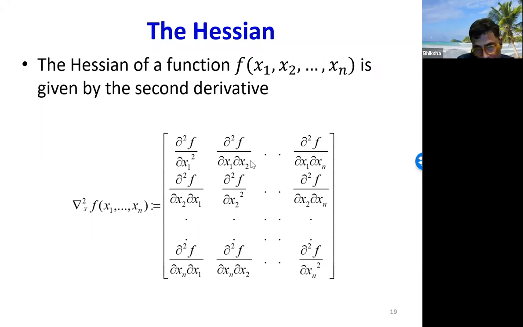Now, I'm not going to spend too much time on the Hessian, except to state that this matrix is going to be positive definite at minima. If you don't know what the term means, don't worry. We'll revisit it. It means that no matter what direction you walk in, the second derivative of the function will be positive. It doesn't matter which direction you're looking, along that direction, the second derivative will be positive.